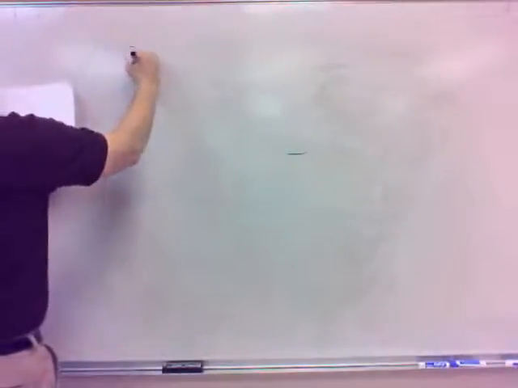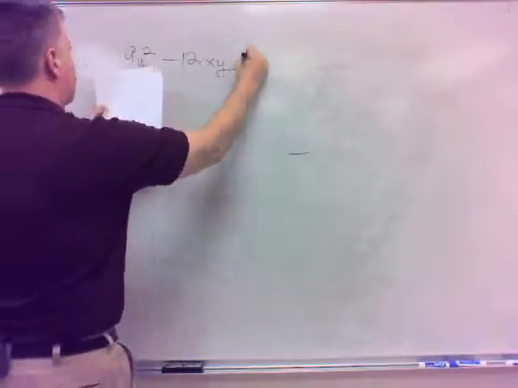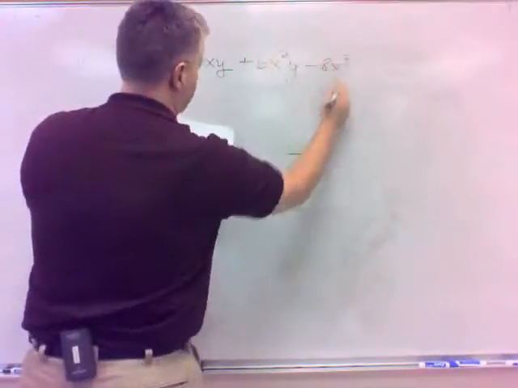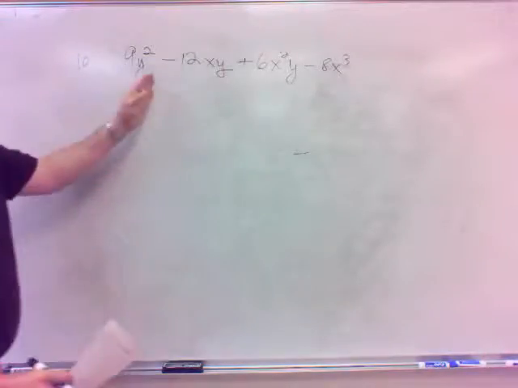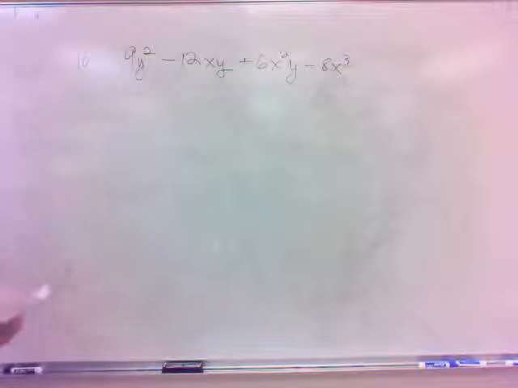All right, so 9y squared minus 12xy plus 6x squared y minus 8x cubed. Well, here's our first encounter with 4 terms. Got 4 terms through there. And so what do we do with 4? Group them. Group 2 and 2.